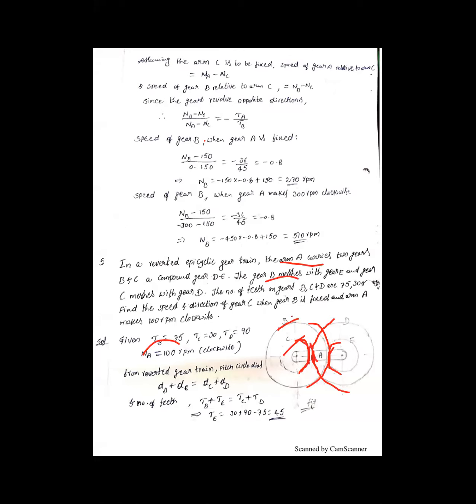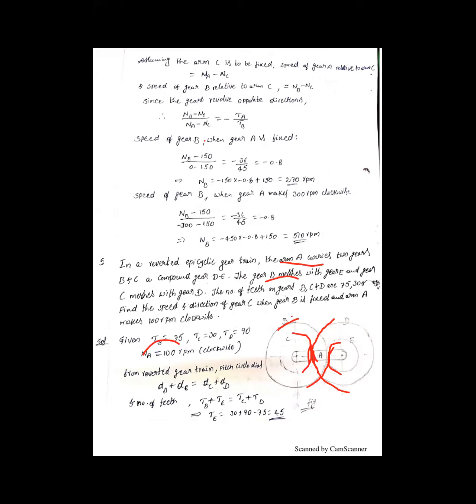Just observe that. In this, D is compound. Compound means two gears are mounted on the same shaft, so both follow the same speed.